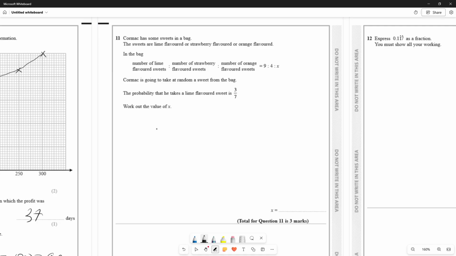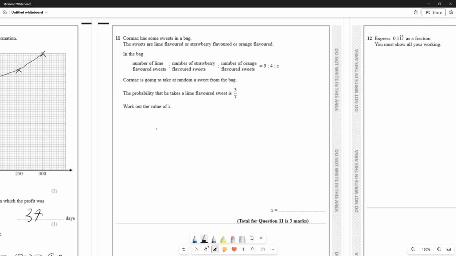Because instead you can just let the, remember how we talked about a multiplier in the car question? Well, you could just let the multiplier be 1. So in that case, you'd have 9 lime, 4 strawberry, and x orange. So the probability he takes a lime flavored is 3/7. Remember, probability is the wanted over the total. The amount you want, well, that's 3/7, okay?